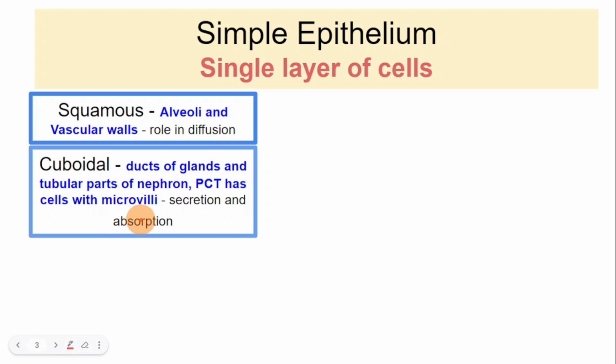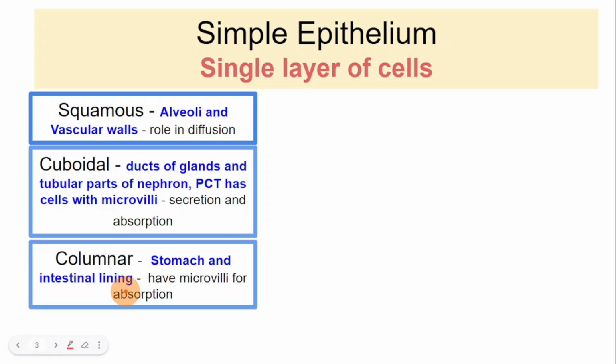Now don't get confused between microvilli and cilia. Microvilli are the extensions of cytoplasmic membrane. This kind of extensions increase the surface area of the cell and therefore it helps in better absorption or in the secretion. Next category is columnar epithelium.